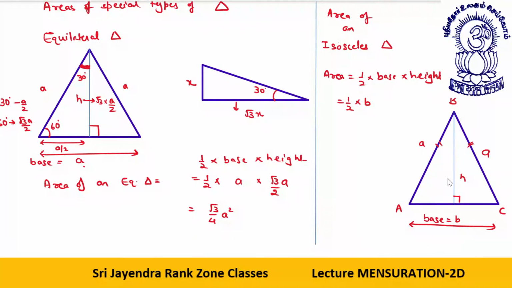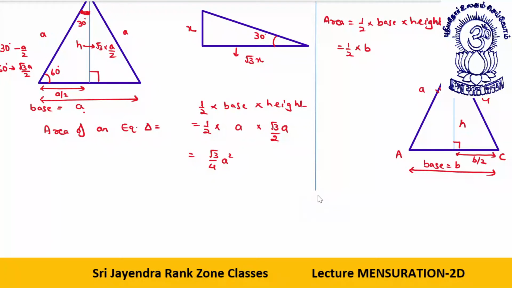What is the height? See, dear students, in order to find this height, this portion is B by 2. This is A. So using Pythagoras theorem, what do you get?